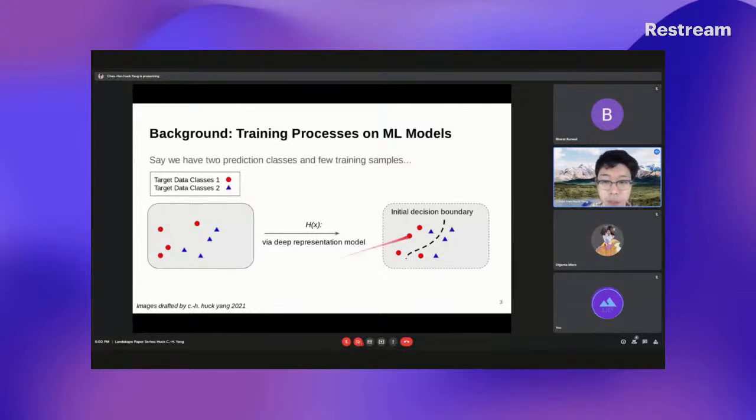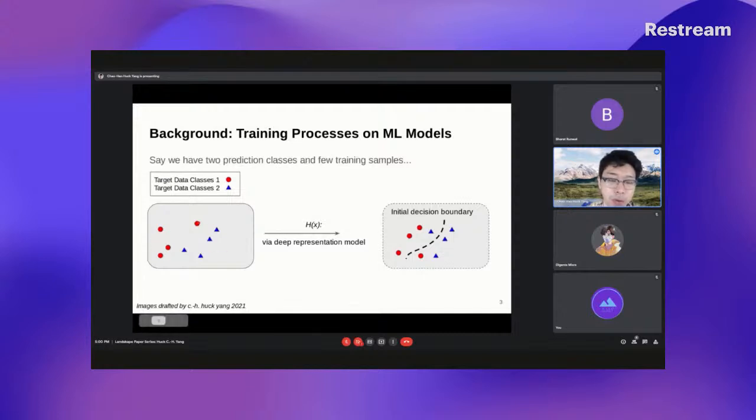and blue. And we have a representation model like the H, and we also have a decision boundary. So this additive noise will be tricking this deep representation model to relocate this model to a better area in the established decision boundary.